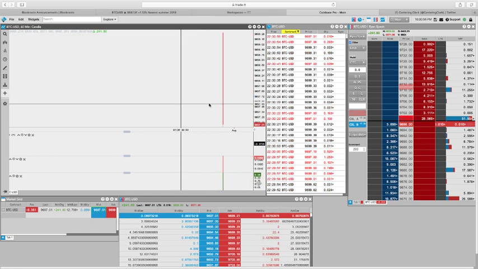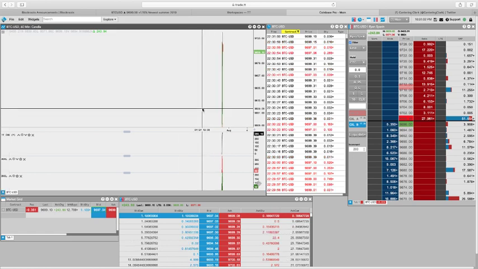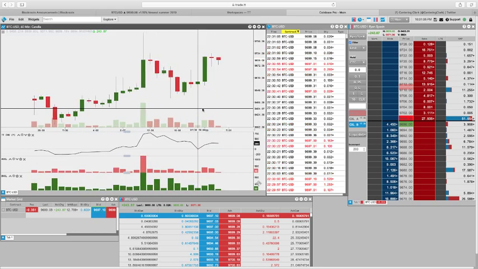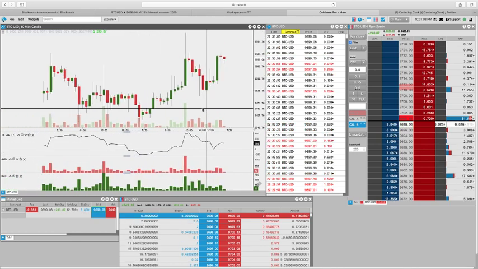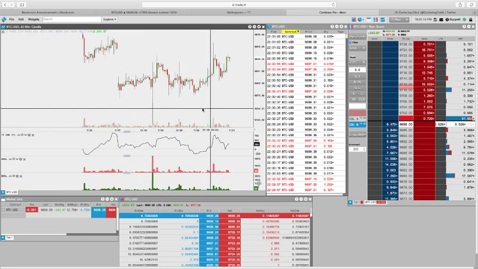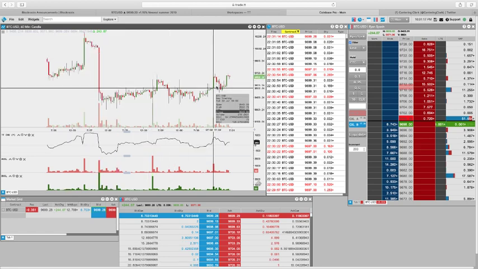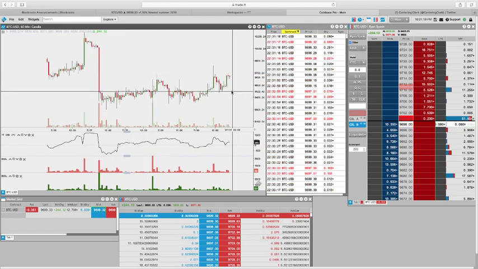Let me wait for this to load real quick. I think this platform puts quite a load on your computer. With all these things open right now, including a live stream, I could tell this is lagging a little bit, which is not good. We don't really want any latency in the platform we're using.